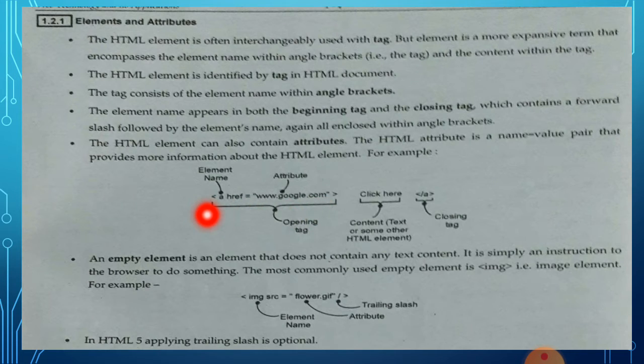Then the opening tag should be within the less than and greater than symbols. Then "click here" is the content, or it could be some other HTML element. We can provide any element within this. A closing tag is within the open brace, forward slash and the element name. This is about attributes and the elements of the tags.